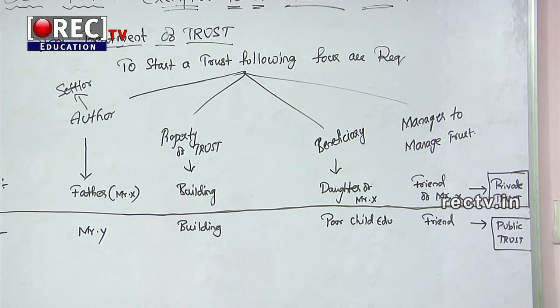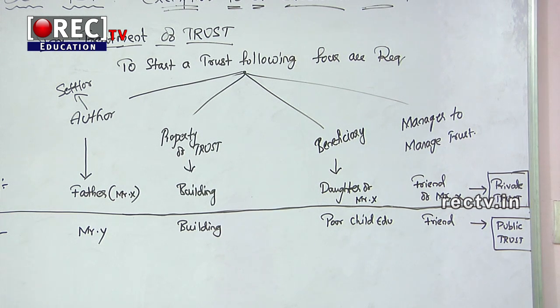Now let us see two examples to define whether it is a private trust or a public trust. In the first example, the father, Mr. X, has a property, that is a building.